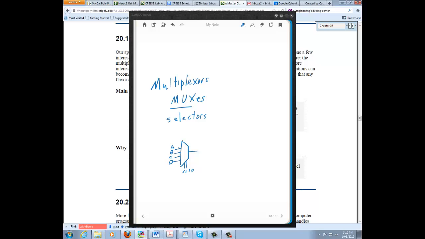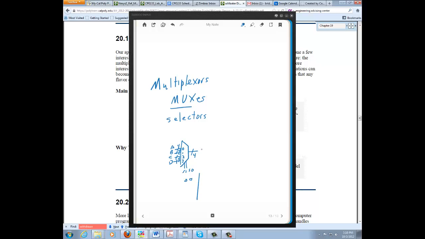Alright, so let's say all these are 4-bit inputs. We're going to get a 4-bit output, and this is going to be our 0, 1, 2, 3. So what a mux does, let's say you put 0, 0 on the select lines.